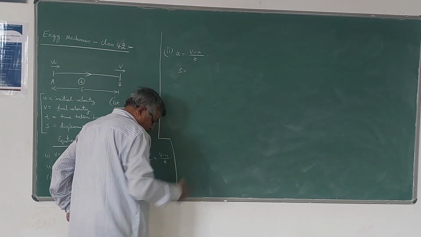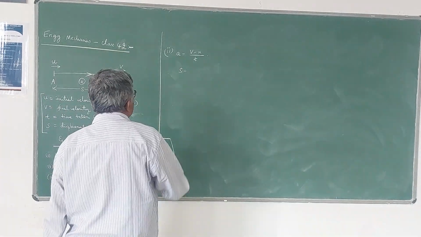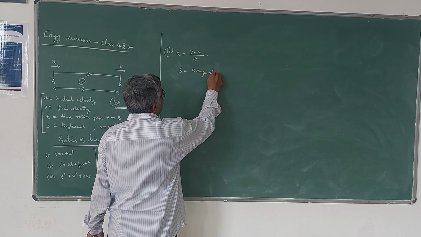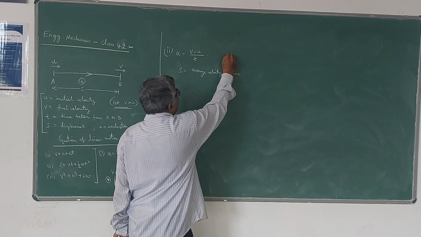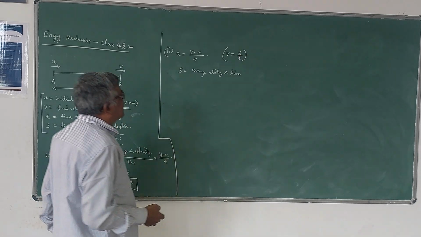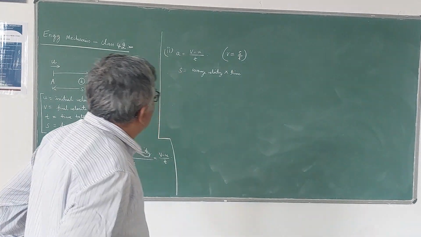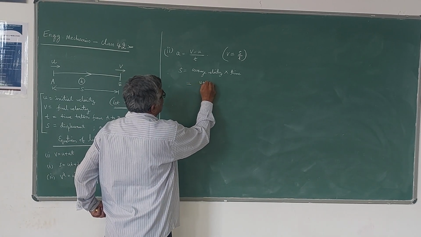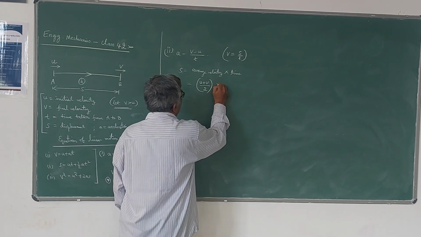S is the displacement of the body from point A to point B. So s is equal to the average velocity multiplied by time, because we know that v is equal to s by t. Velocity is total distance traveled divided by time. Since I am taking the average velocity, I will take v plus u by 2, into time t.